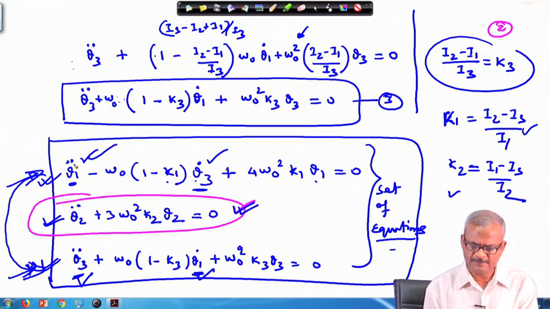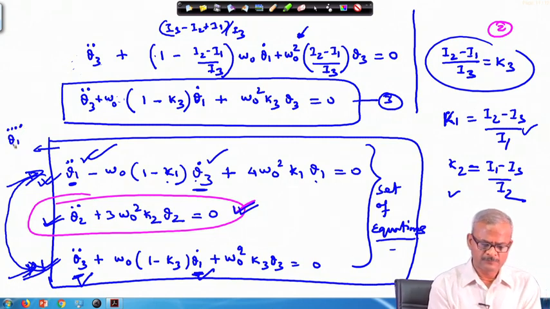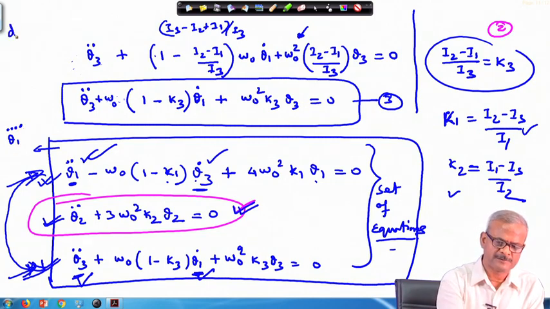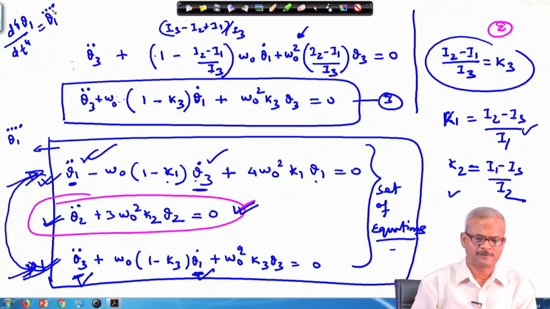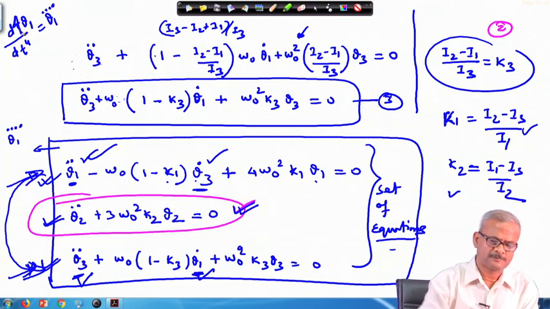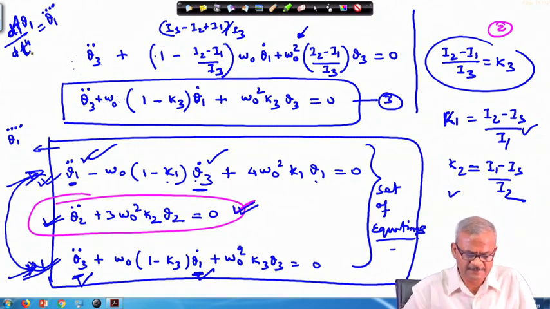Here, if I take the double derivative, there will be 4 dots over theta 1, so we can write this as theta 1 with 4 dots, D to the power 4. So, this is the fourth order differentiation.